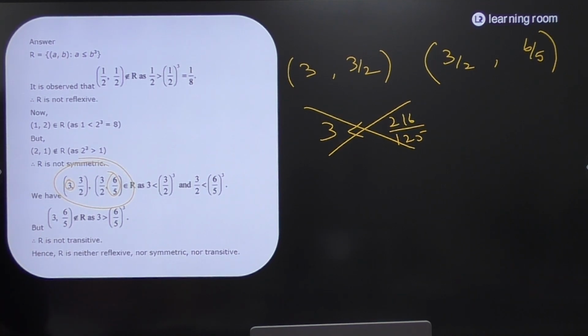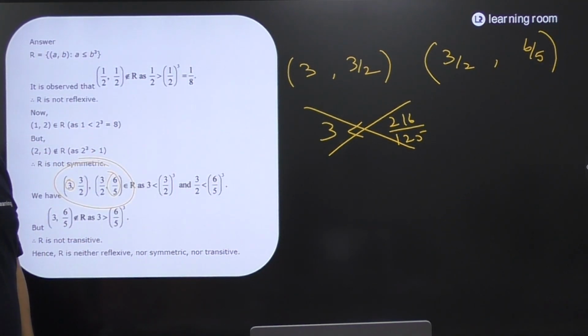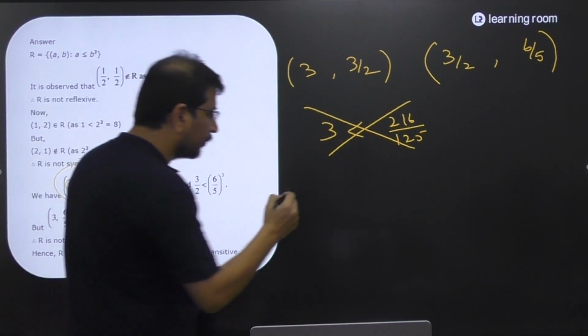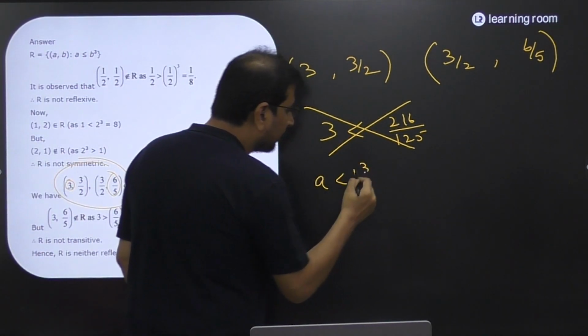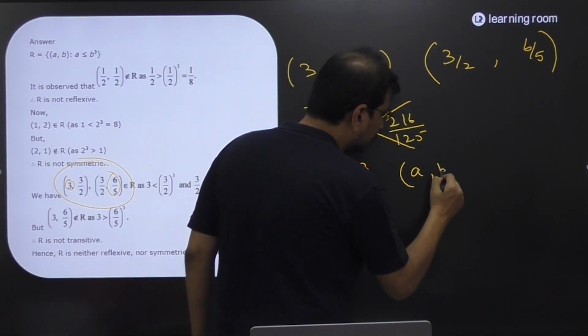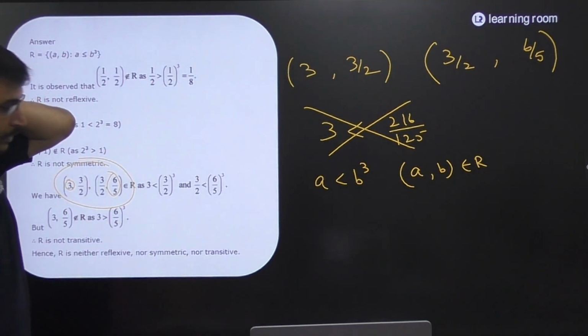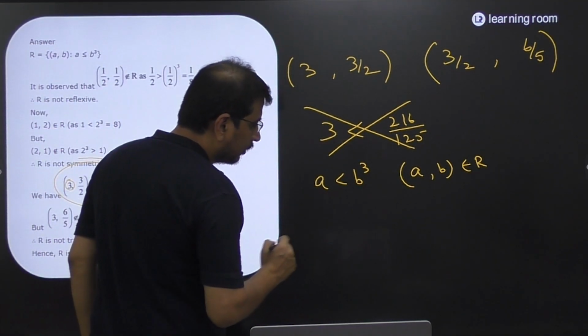Okay. So this one, you need to check the extreme cases of the solution. See, for example, A is less than B cube, where A comma B belongs to R. Right? So when A is less than B cube, this is what you're getting.